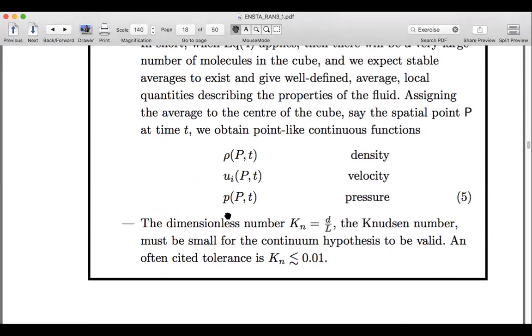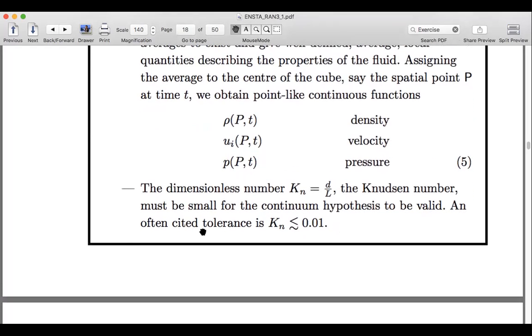And as we like to do, especially in engineering, we like to have dimensionless numbers that tell us when certain conditions apply, right? So how would you come up with a dimensionless number here? Well, we want the mean free path to be much, much smaller than the length scale, so why not take the ratio of the mean free path to the length scale? That's what Knudsen did, and this is Knudsen's number, and we want the Knudsen number to be much, much less than 1.